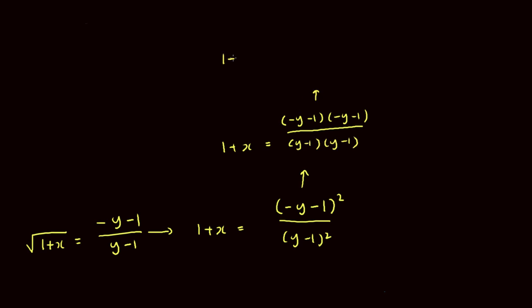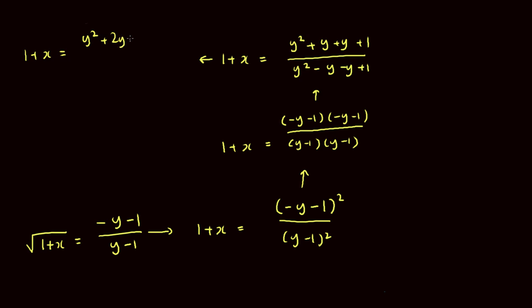So we have 1 plus x is equal to y squared plus y plus y plus 1 over y squared minus y minus y plus 1. As we do it, we'll have 1 plus x is equal to y squared plus 2y plus 1 over y squared minus 2y plus 1.